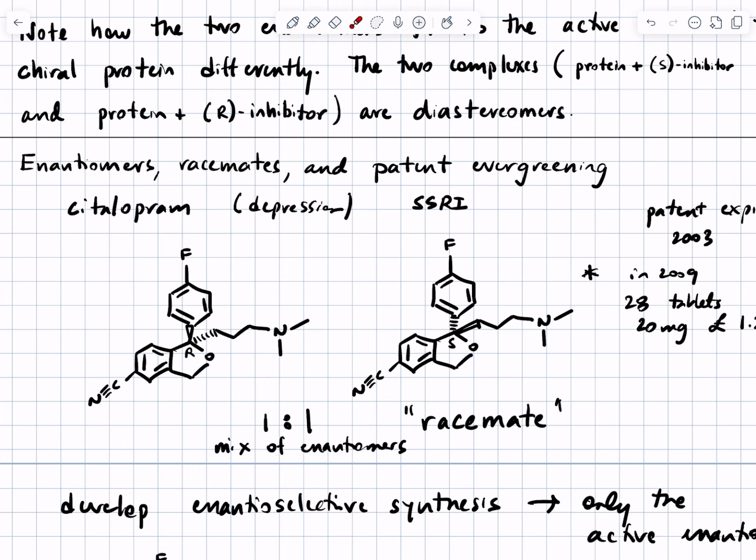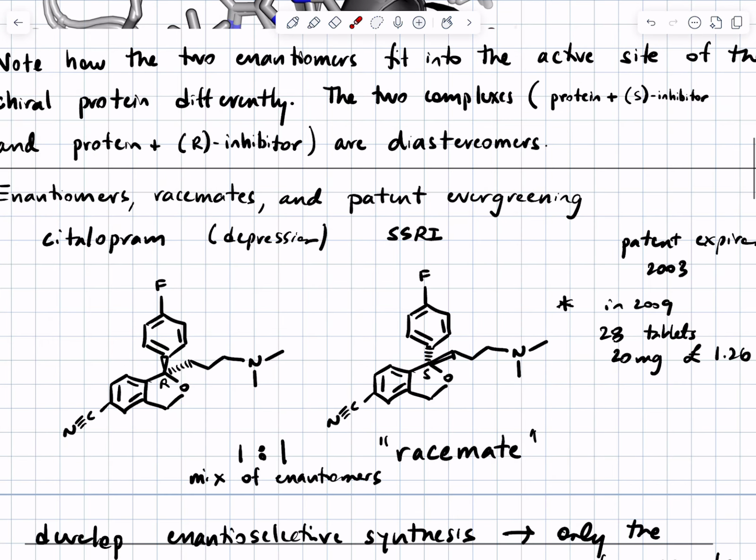In any case, it would never have been approved if one of the enantiomers had been toxic, but they had demonstrated that the racemate was fine, even though it was the S enantiomer that had the desired biological effects as a selective serotonin reuptake inhibitor. Okay, so the patent was expiring in 2003.